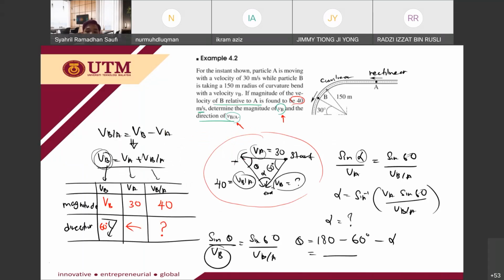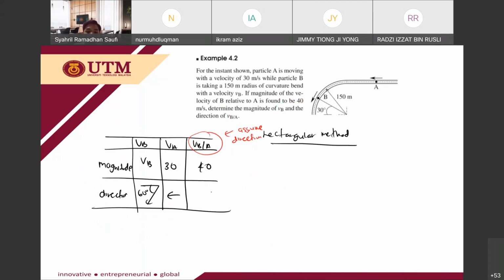For this case, you know that VB through A should be in this direction, so you can put theta here. So in the x and y axes, you have 40 cos theta and 40 sin theta, where the unknown now is theta. You will get the correct direction after you do the calculation.